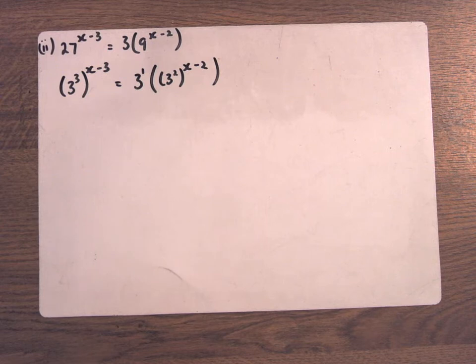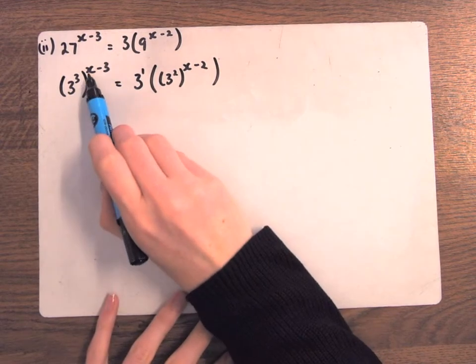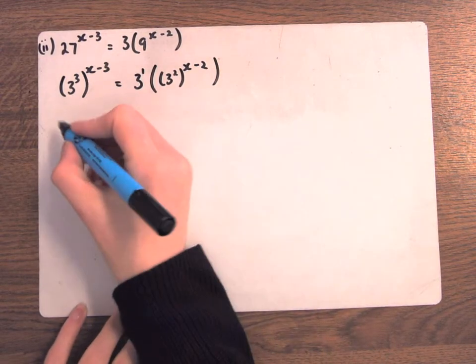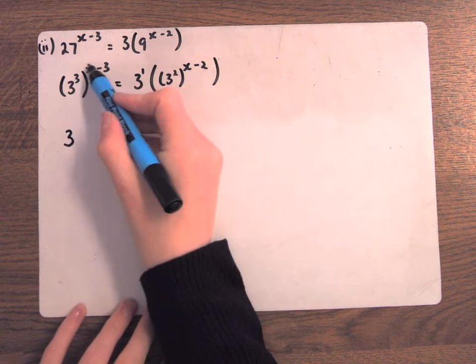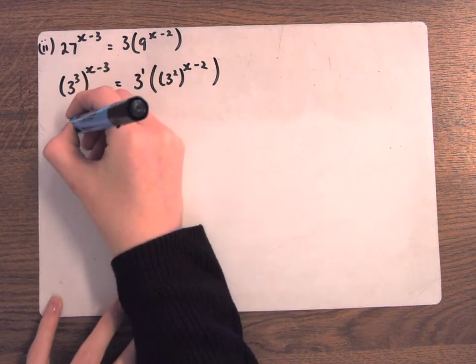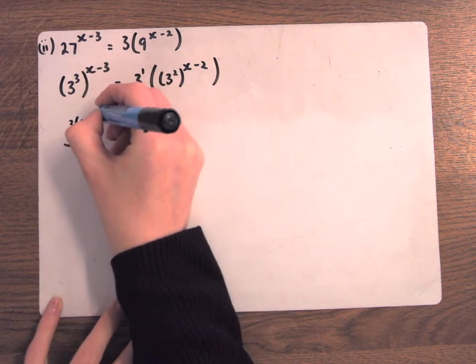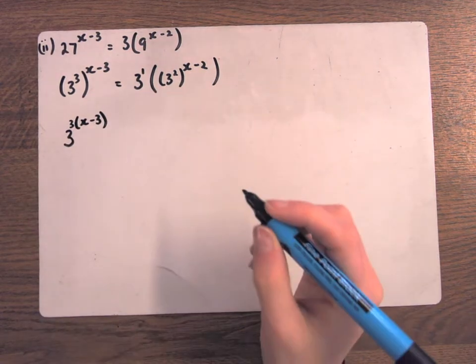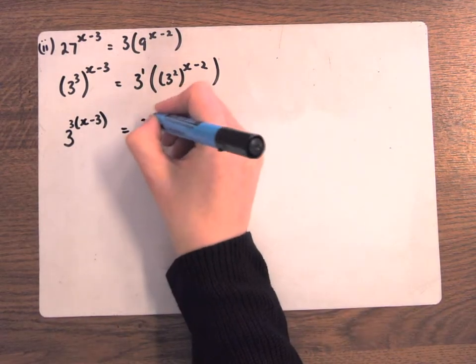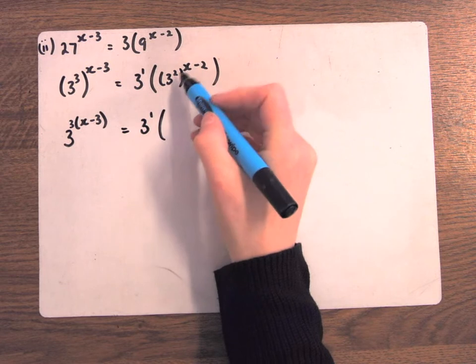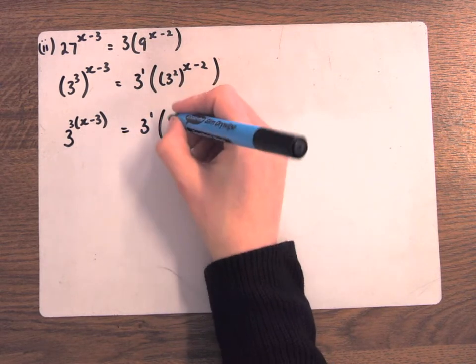Right, let's start using our laws. Power bracket power, multiply. So that's 3 to the power of 3 by this. Same thing here. Power bracket power, multiply again.